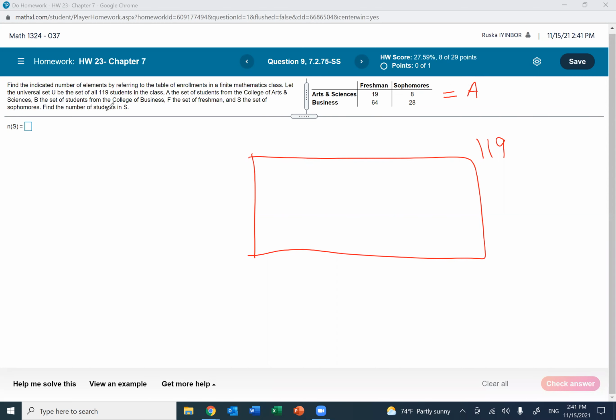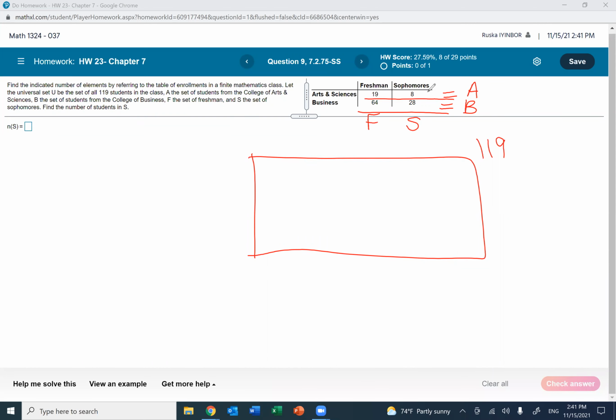And B is the students from College of Business. So this is B. The second row is B. So this is A, this is B. Okay. F is the set of freshmen. So this is F. And S are the sophomores. Find the number of students in S. So what is the student in S?